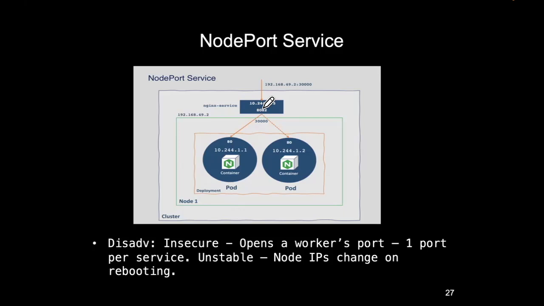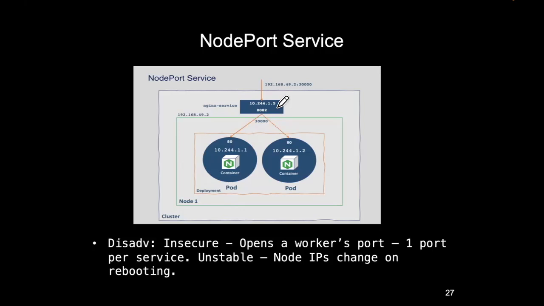So we have three worker nodes, for example, in our cluster. And if we create a node port service, and let's suppose we pick port, I think it's up in the 30,000 range.